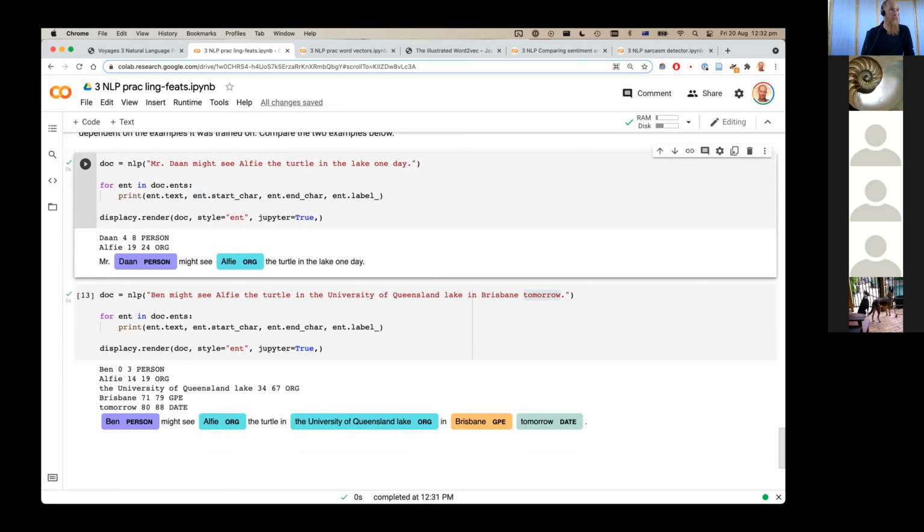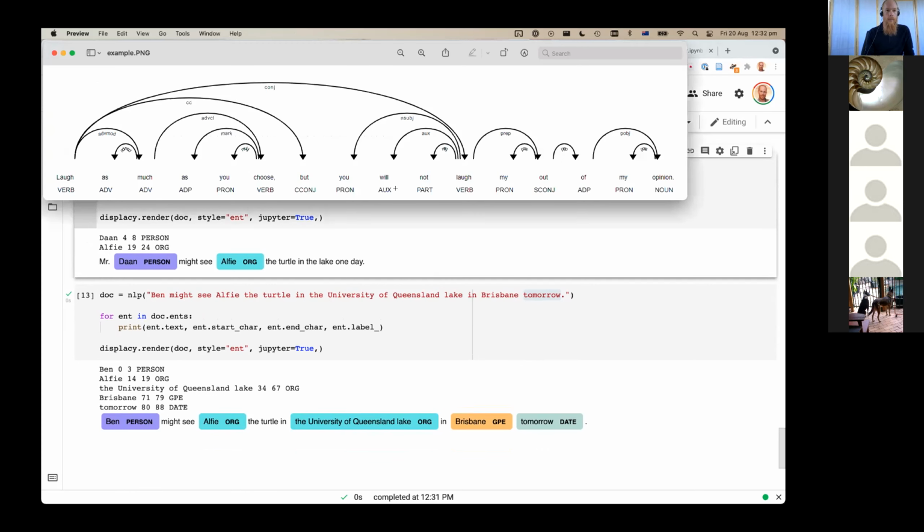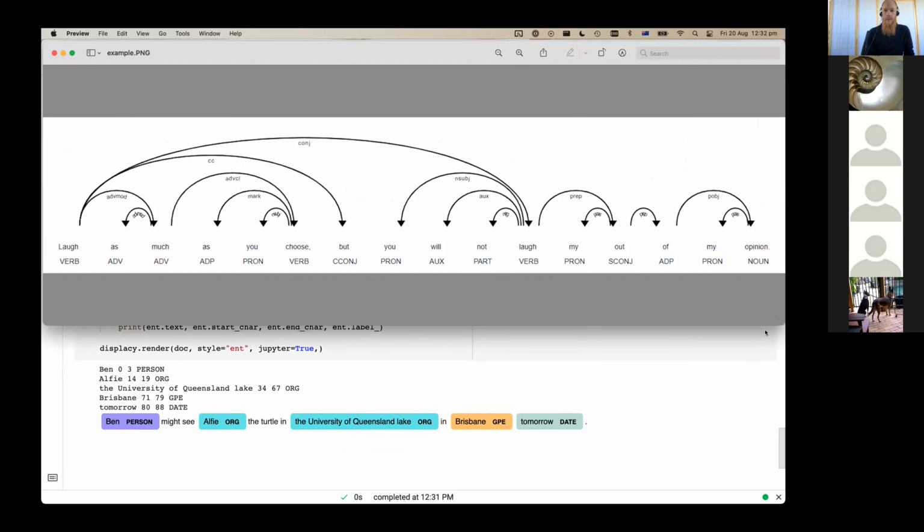All right, Lucinda's dropped an example in. Have a look at that. Okay. So there's a lot going on in this. And we have this great arc across the top, which is that a conjunction?